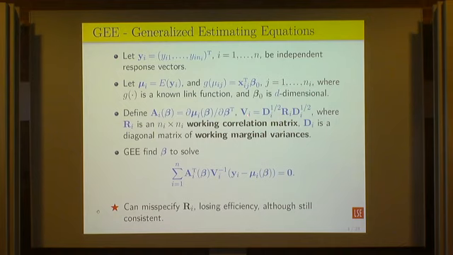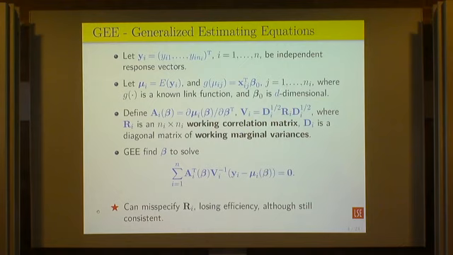So first of all, we try to find the derivative of this mu i of beta. This mu i is actually the mean function, the expected value of yi, through this known link function, so this potentially is a nonlinear function of beta, right?